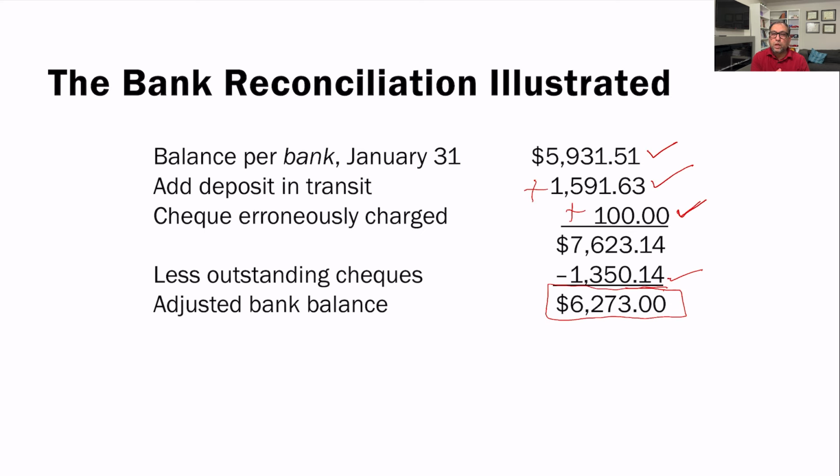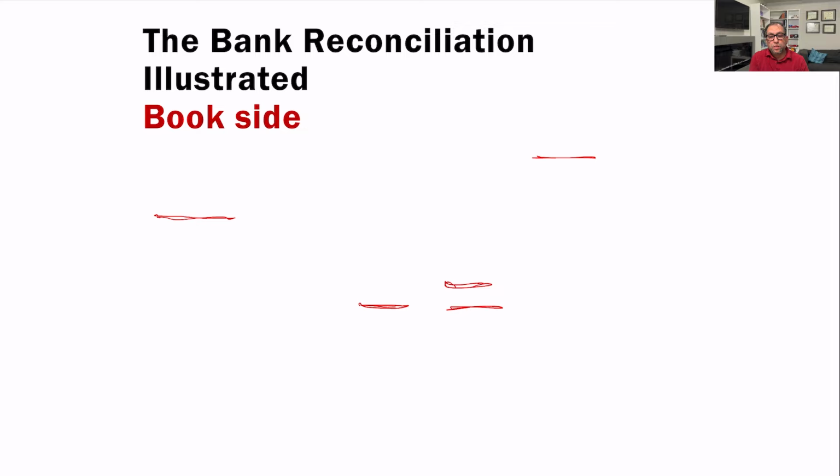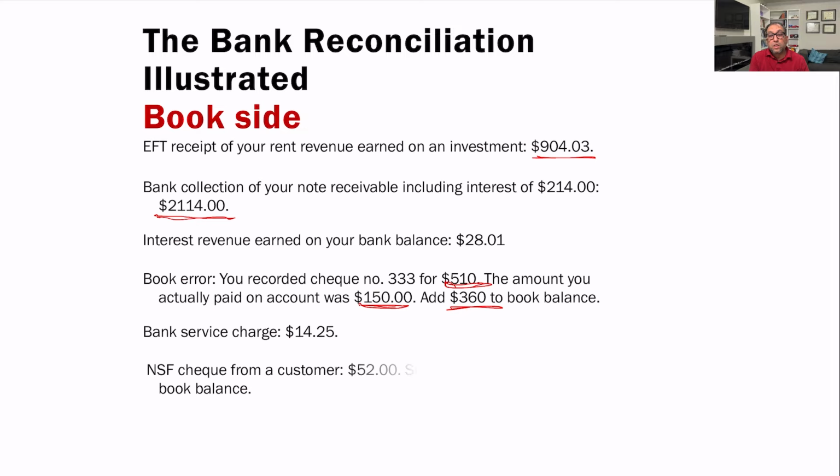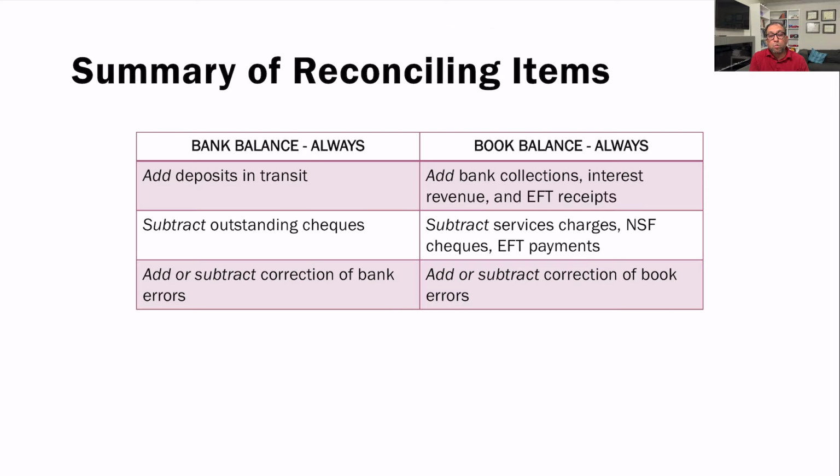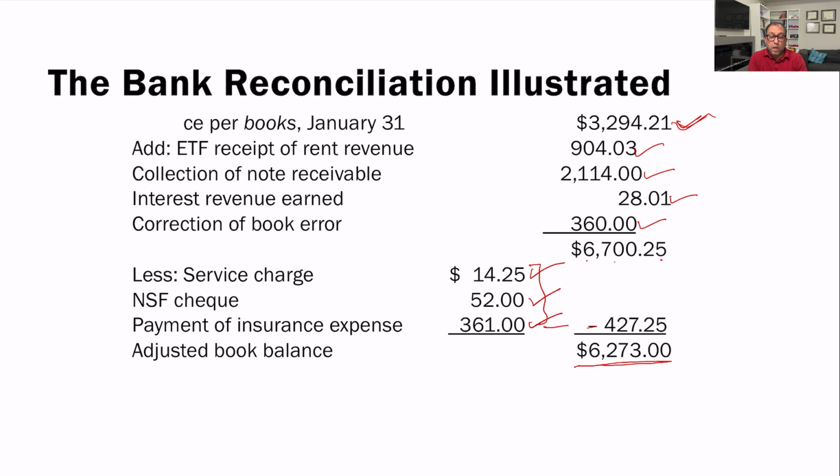So this is the objective of a bank reconciliation, that we arrive at a balance which is the correct balance, both in our books as well as in the bank statement. The check for whether you did the bank reconciliation correctly or incorrectly is that these two balances should tally with each other.